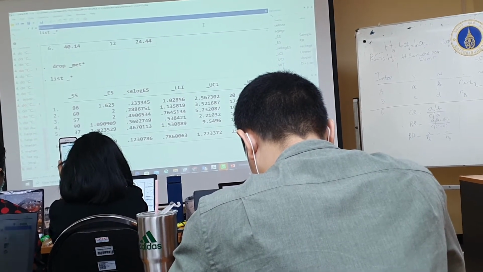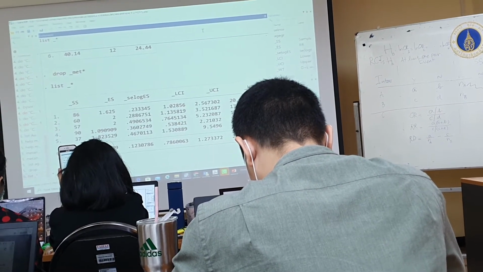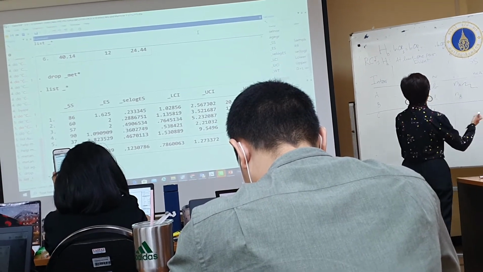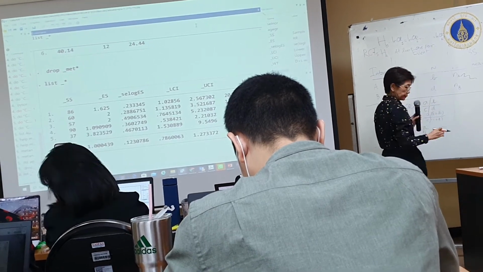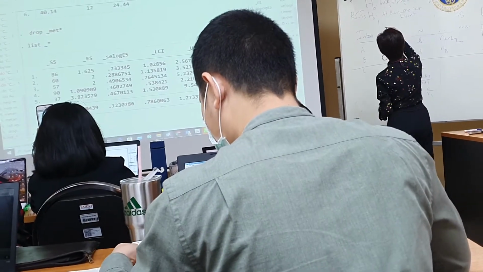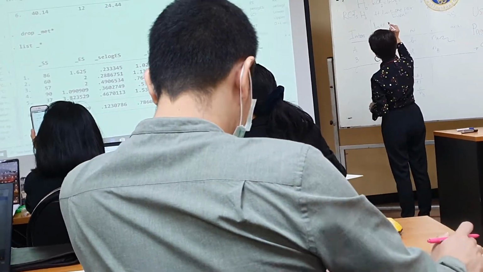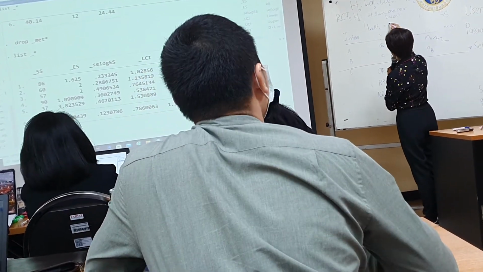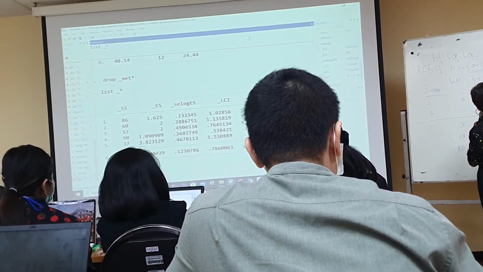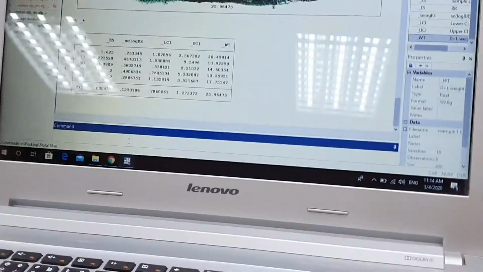So in order to run meta-regression, the equation will be log risk ratio of each study equals beta times x.